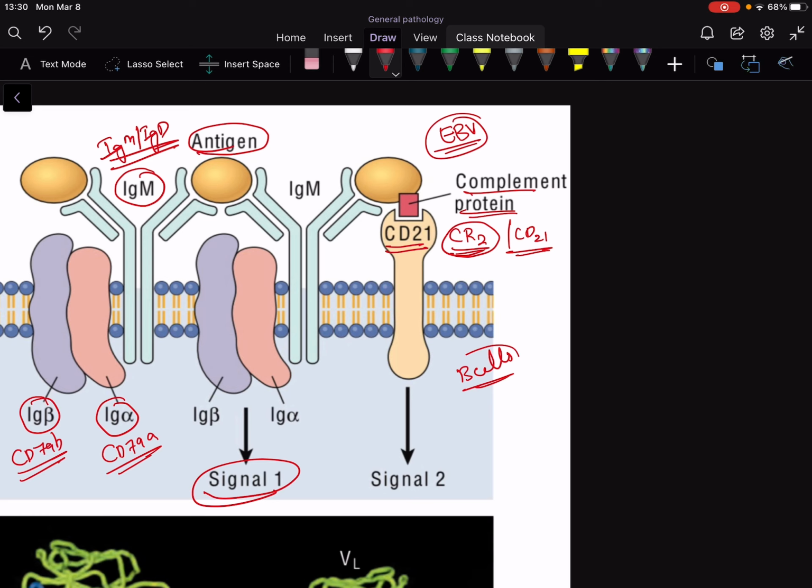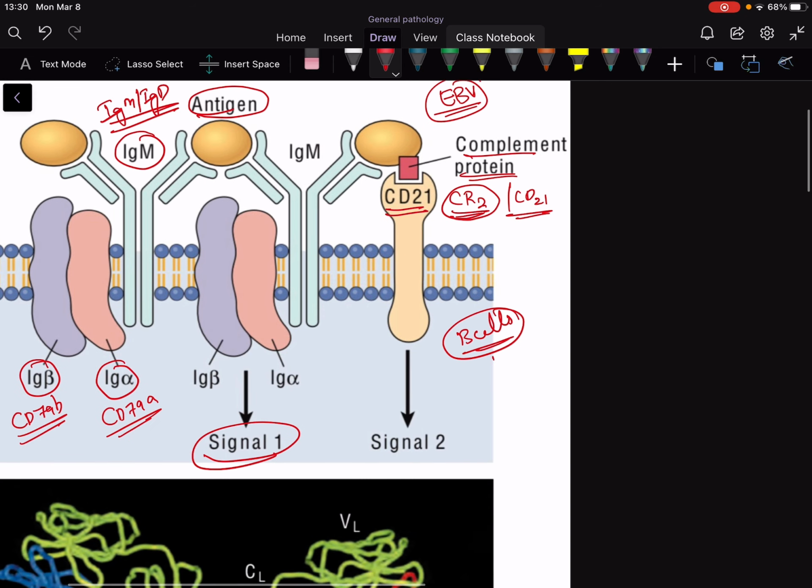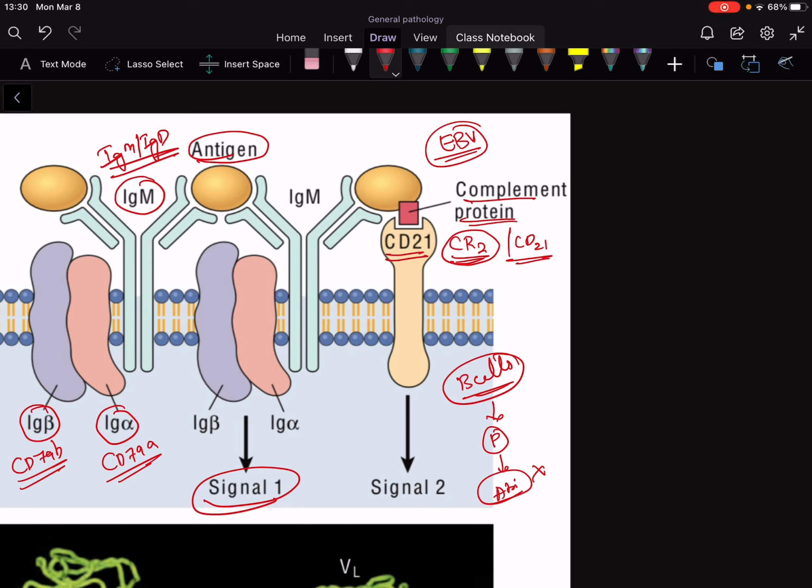Once they enter into the B cells, they destroy the B cells. When there are no B cells, there are no plasma cells and there are no antibodies, right? So Epstein-Barr virus works through complement receptor 2 protein or CD21.